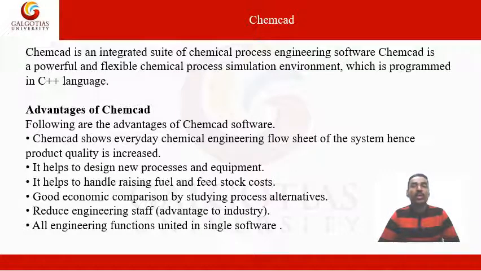It helps to handle rising fuel and feedstock costs. It gives good economic comparison by studying process alternatives. It reduces engineering staff, as all engineering functions are united in a single software. So we know that ChemCAD is a simulation software with these advantages. It has many more; these are just a few advantages given by ChemCAD.